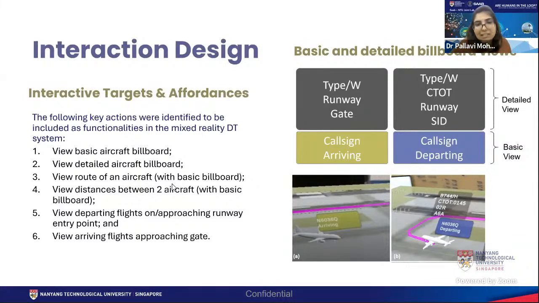If you look at an aircraft, for example, you can see the basic view of a billboard for both arriving and departing aircrafts. But if you want to see more details about the aircraft, you'll have to use hand gestures to bring up the detailed view of the billboard. I will explain more of these gestures later. The other functionalities include viewing routes, distances, flights on a particular runway, and flights approaching a particular gate.